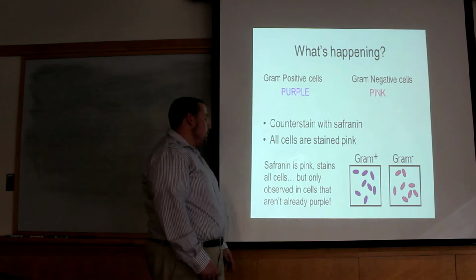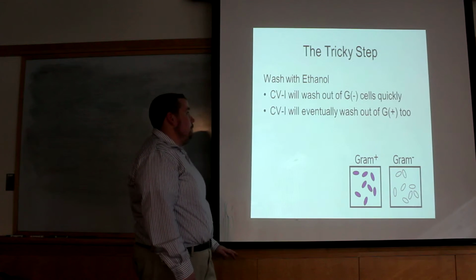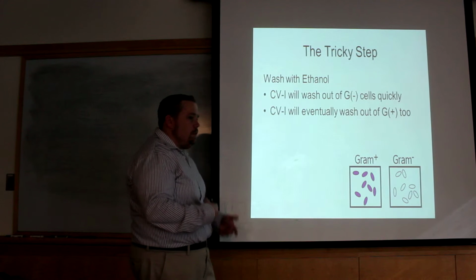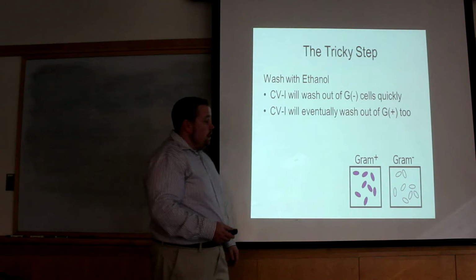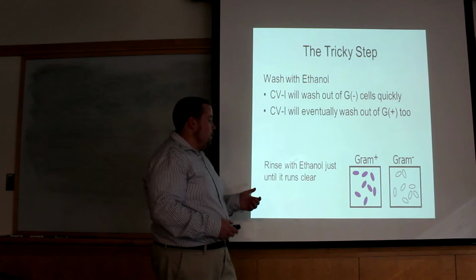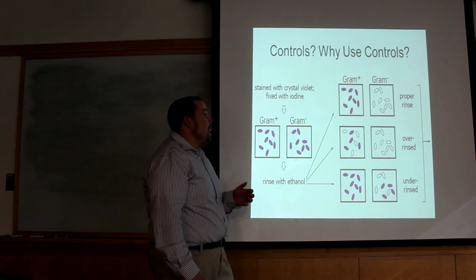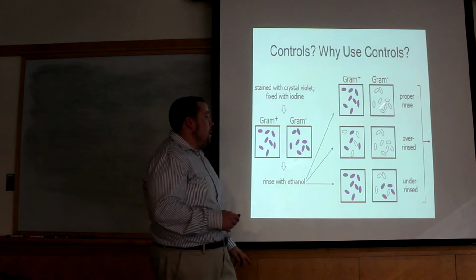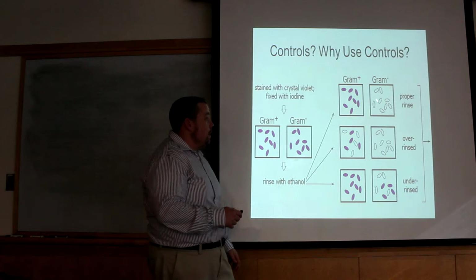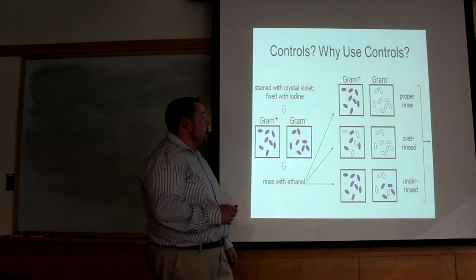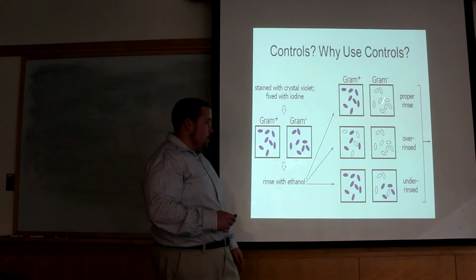So what are some things that can happen here? The tricky step is the ethanol decolorization step, because if you wash for too long, certain things can happen. With a proper rinse, your gram-positive cells will appear purple and your gram-negative cells will appear totally clear.